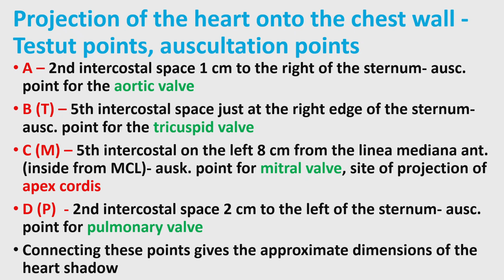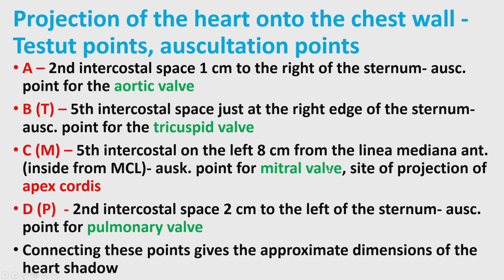onto the chest wall, and it's called the Testut point or auscultation point. So points A, B, C, D, or TMP explain the position of the aortic valve, tricuspid valve, mitral valve, and pulmonary valve. This is very important.